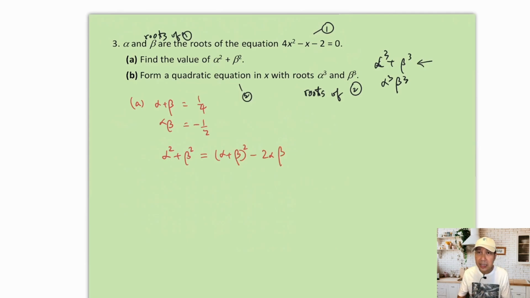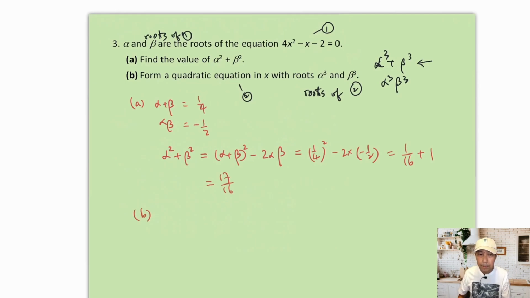It is very often needed to find the value of alpha squared plus beta squared, so my advice is that you remember this equation. It is equal to 1 over 4 squared minus 2 times negative 1 over 2. The first one is 1 over 16, the second one is 1, so 17 over 16. Part A is finished.